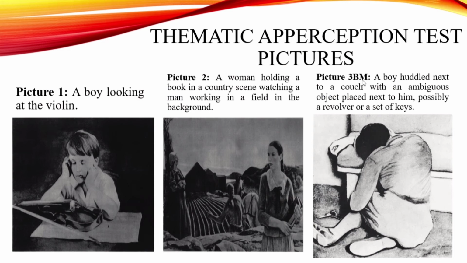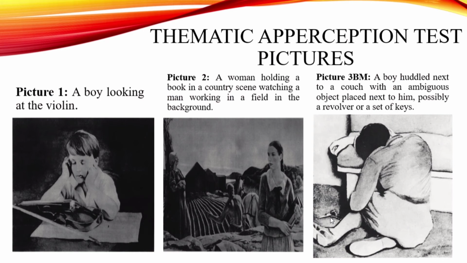Picture 3BM is most used for boys and males, that's why there is a BM. A boy huddled next to a couch with an ambiguous object placed next to him, possibly a revolver or a set of keys.